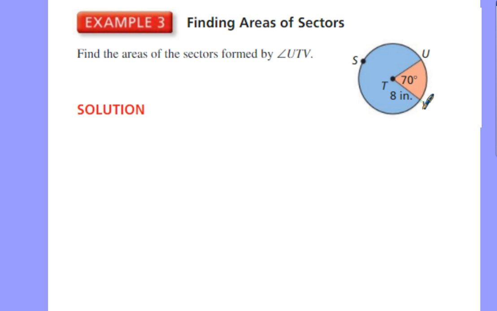So right now, what do we know? Well, we know that the measure of UV, the arc, is going to be 70 degrees. How do I know that? Because the central angle is equal to 70 degrees as well. I know that my radius is equal to 8.